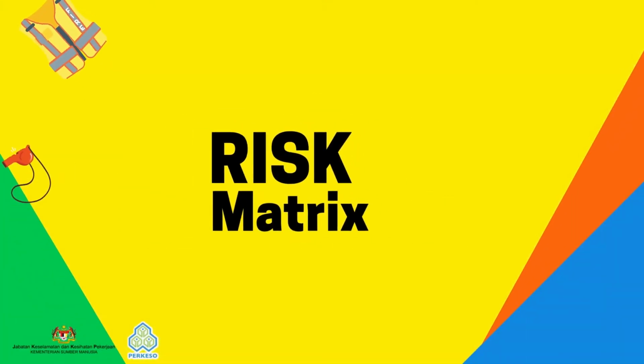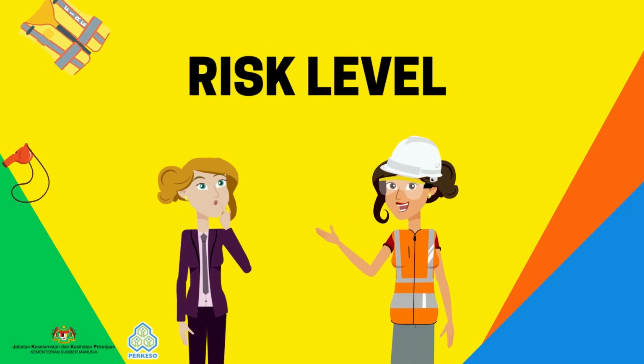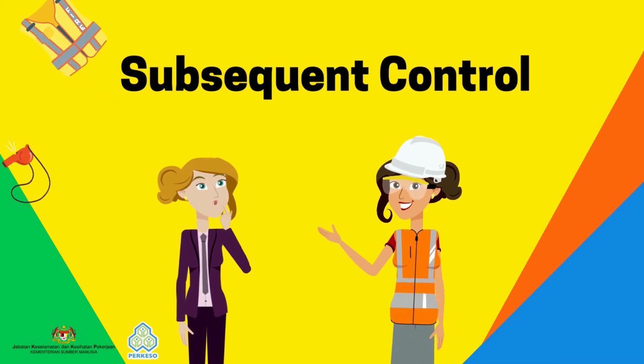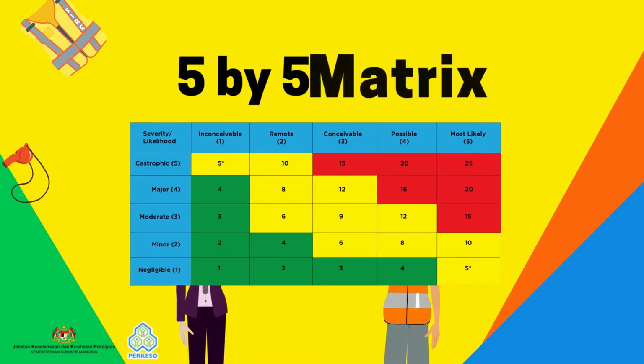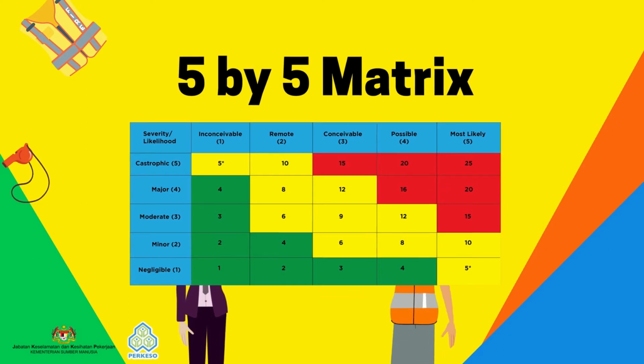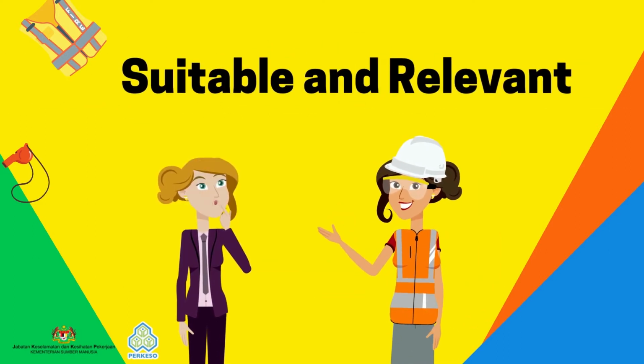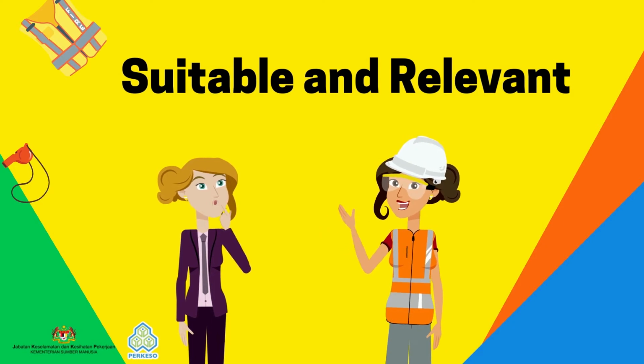Risk matrix means a matrix to classify a risk level for subsequent control with severity and likelihood levels as the two factors determining risk. Commonly 5x5 matrix. The organization may use other matrices that are suitable and relevant to their workplace.